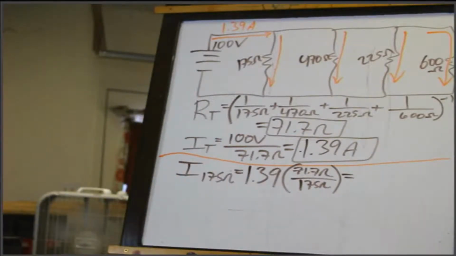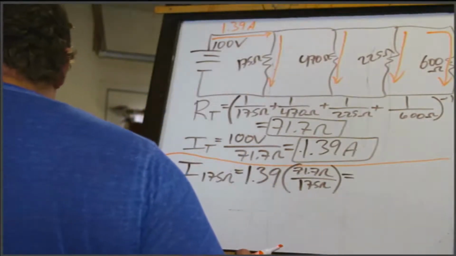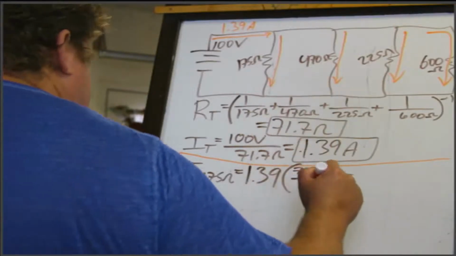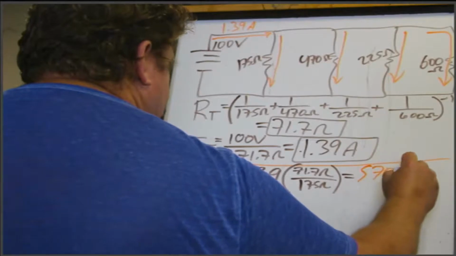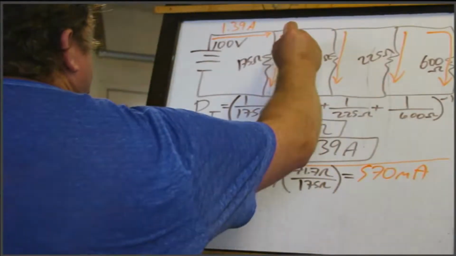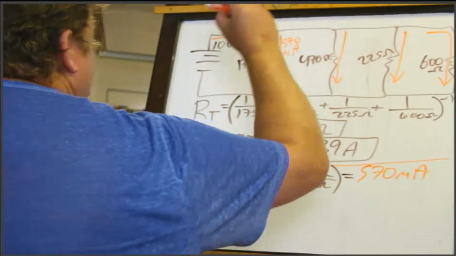Oh, you did them all. Okay. I was like, wow, we've got a lot of different answers, but you're doing them all. So yes, I'm going to call it 570 because I actually get 569.5, and I'm going to round that up to 570 milliamps. It's pretty good.